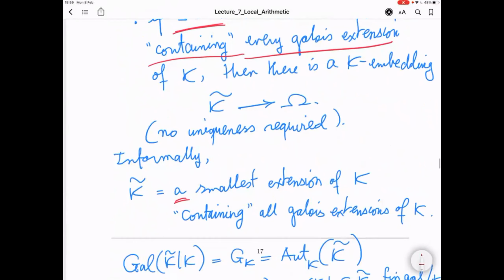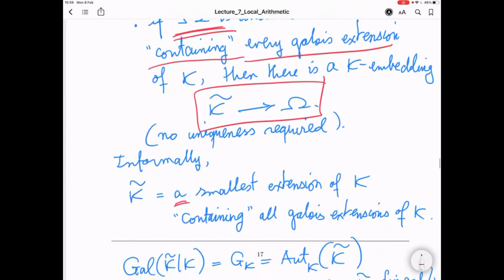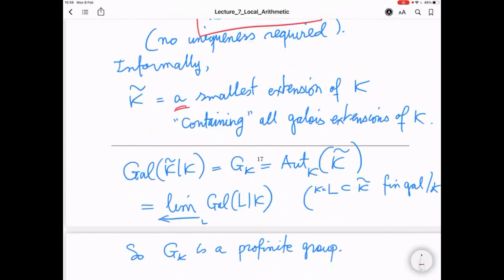If there's another extension omega having this property, then there's an embedding of K tilde in omega. So in short, K tilde is the smallest extension of K containing all Galois extensions of K.